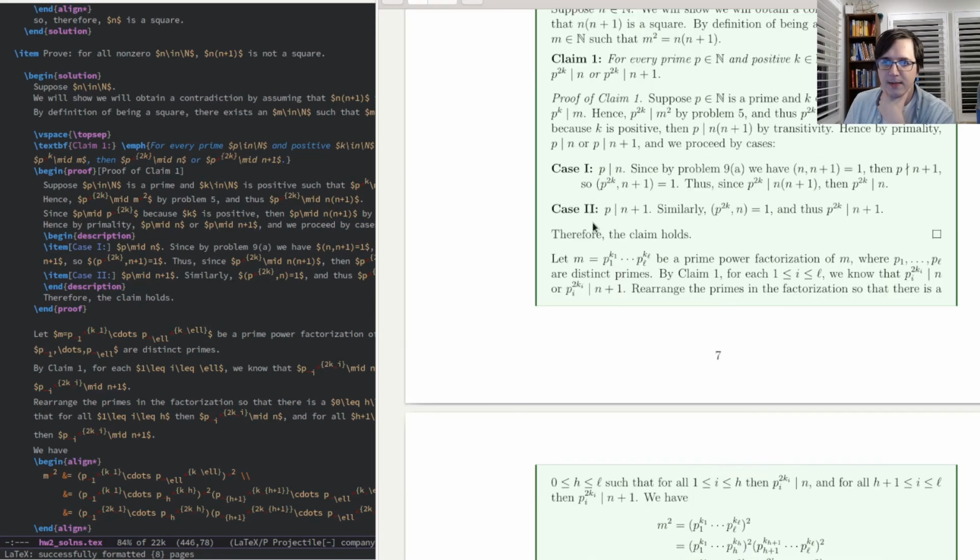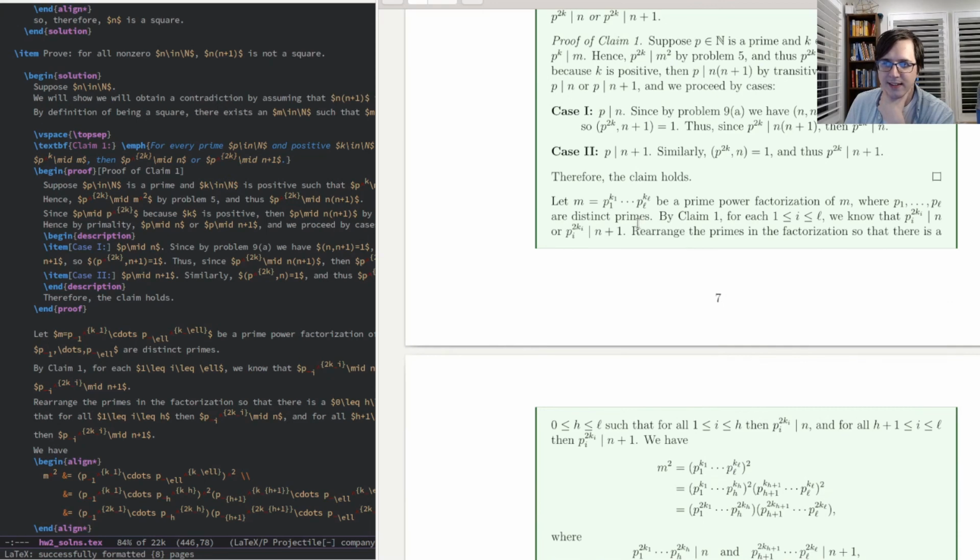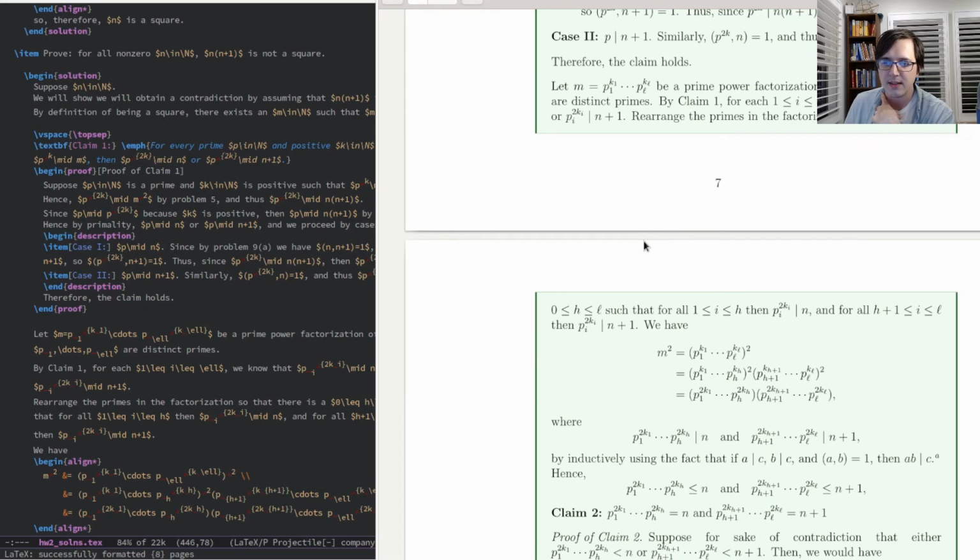Okay, now we take a prime power factorization of m, and we have all these distinct primes. And by claim 1, for each i, we know that the prime power when squared divides one of the two.